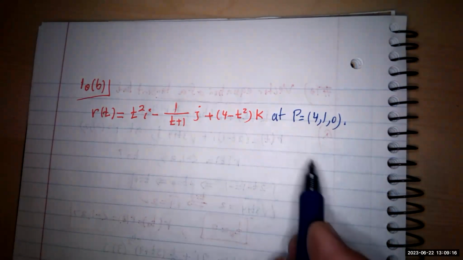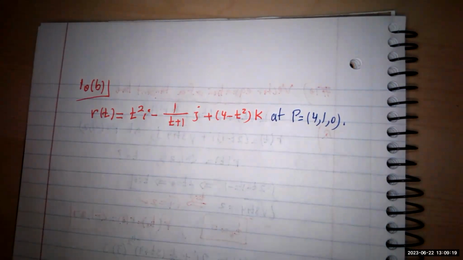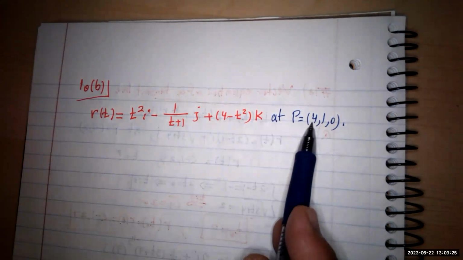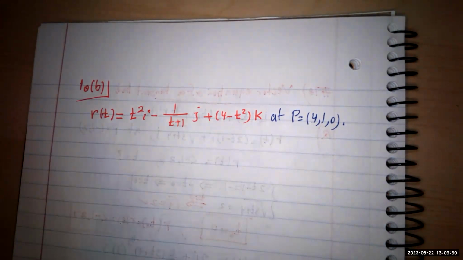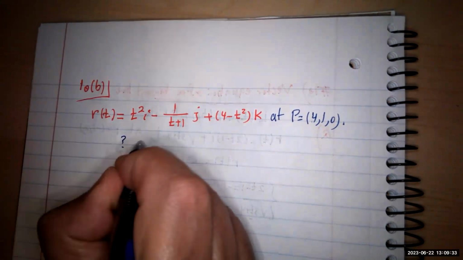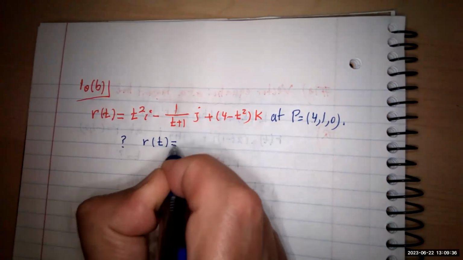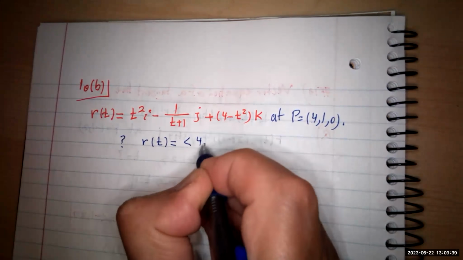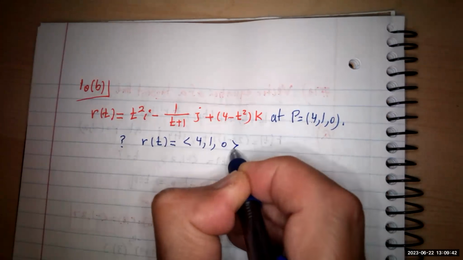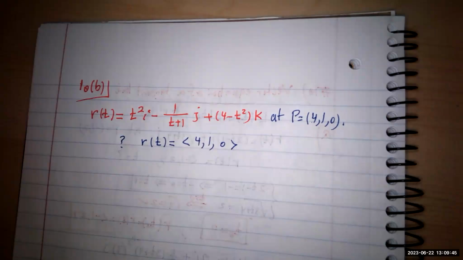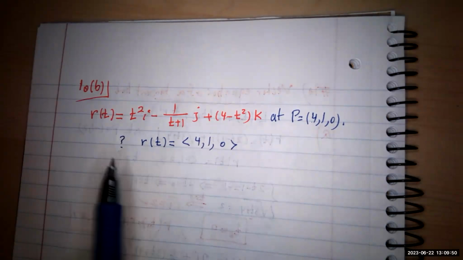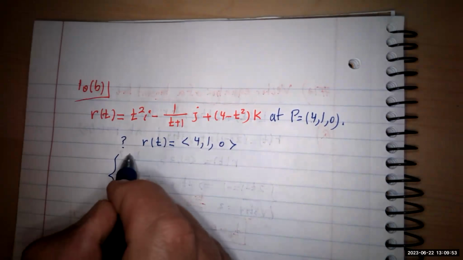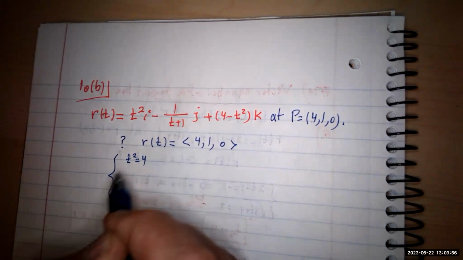Okay, the same thing. You have to find the corresponding t. You can compare them to get it. If you compare, the first one, t squared is equal to 4, so t must be 2 or -2. The first thing to check is to find the value of t so that this would be equal to (4, 1, 0). So comparing them together, the conclusion is that in the first component t squared must be 4.